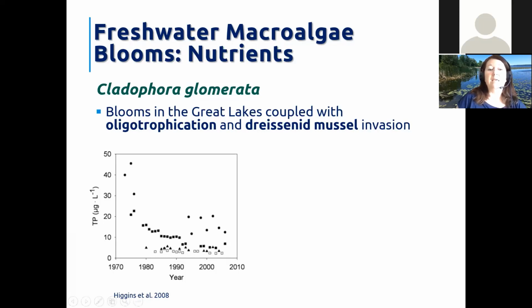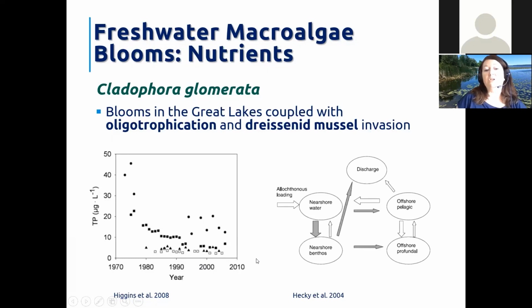Cladophora became less of a nuisance. It was still around, but it wasn't nearly as problematic as it had been. But then by the 90s and 2000s, Cladophora emerged again, and people were scratching their heads, wondering, why is Cladophora becoming a problem again when nutrients aren't nearly as high as they were back in the 60s and 70s?